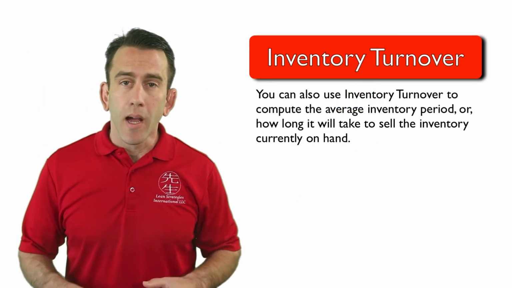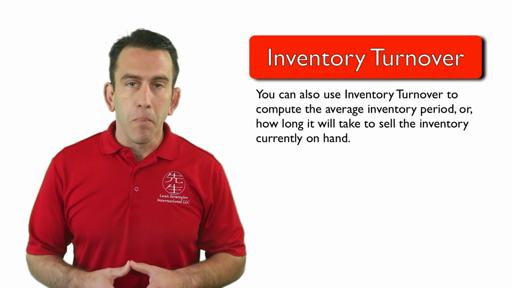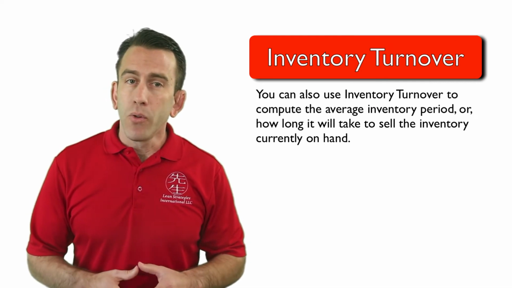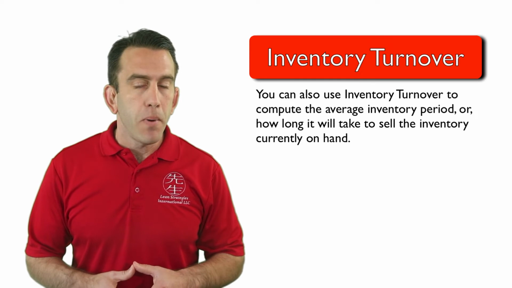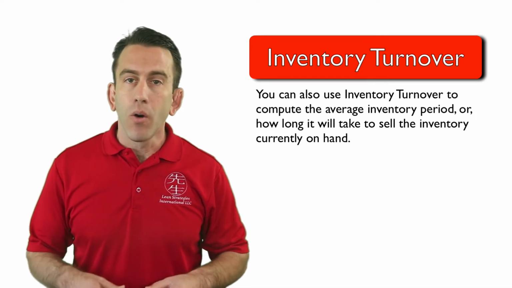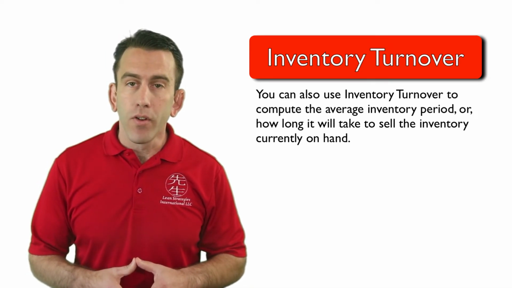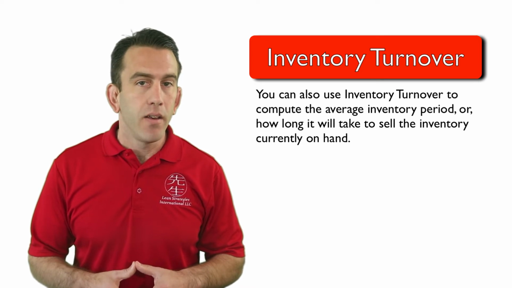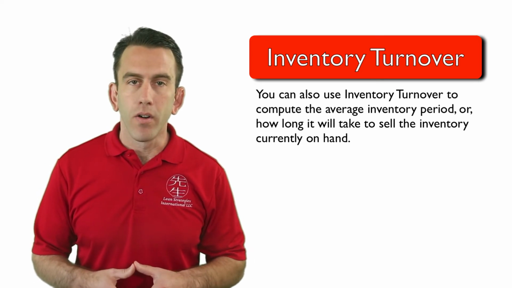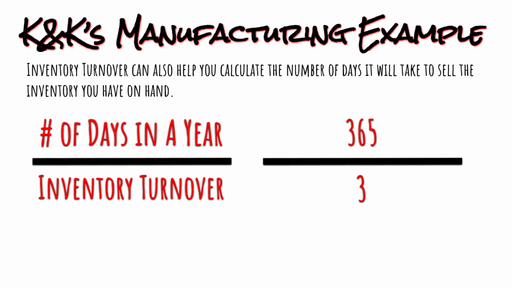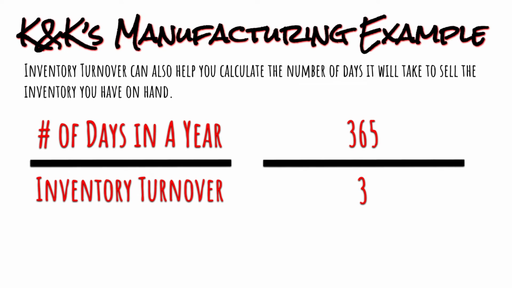In the second example, we'll use the same company, but this time compute the average inventory period, or how long it will take to sell the inventory currently on hand using inventory turnover. We already know the inventory turnover ratio is 3.